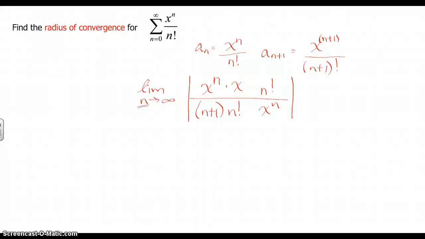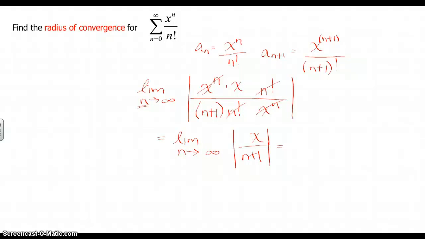So we're going to clean this up algebraically. That's gone, that's gone, that's gone. And so now we have a limit as n approaches infinity of the absolute value of x over n plus 1.